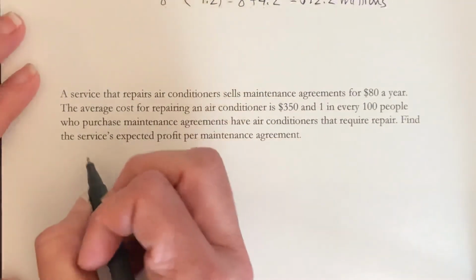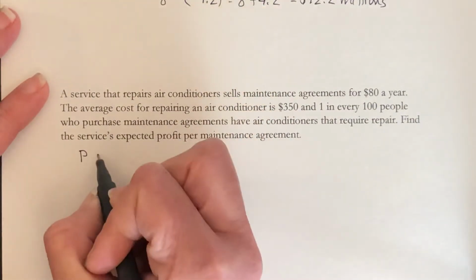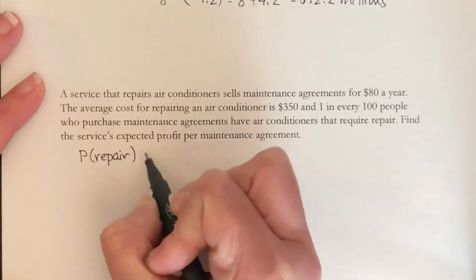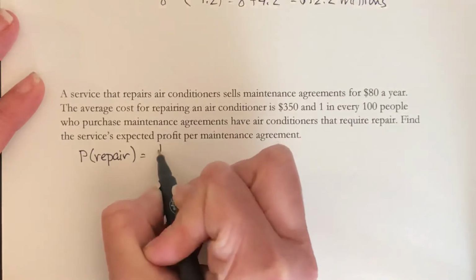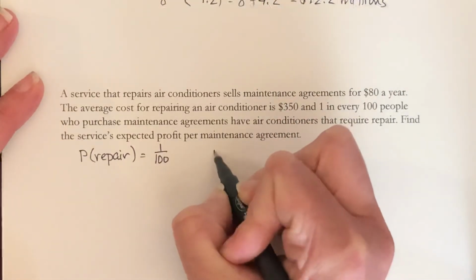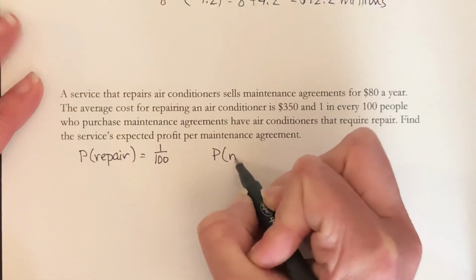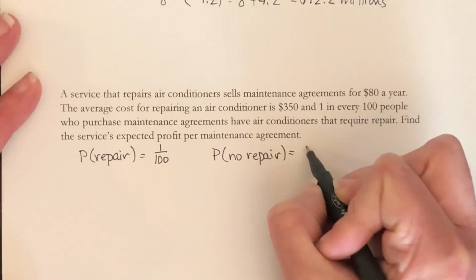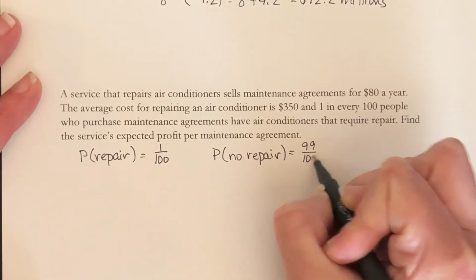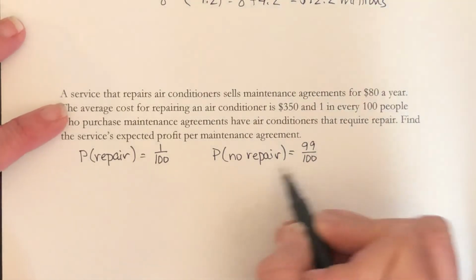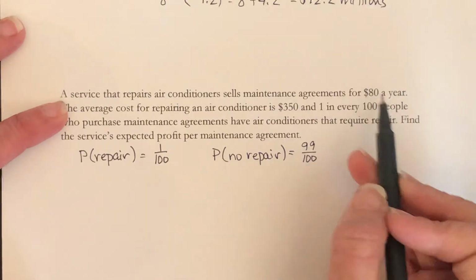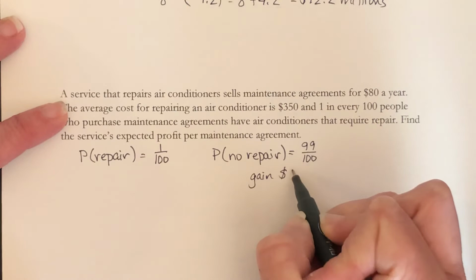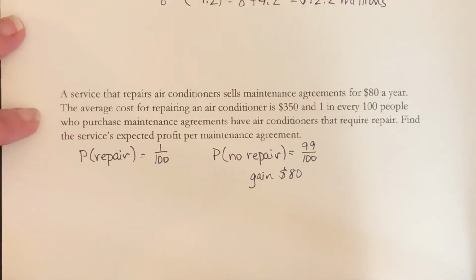Okay, so the probability that they have to repair would be 1 out of every 100. So the probability that they do not repair would be 99 out of 100. If they don't have to repair, then they gain $80 for each one.